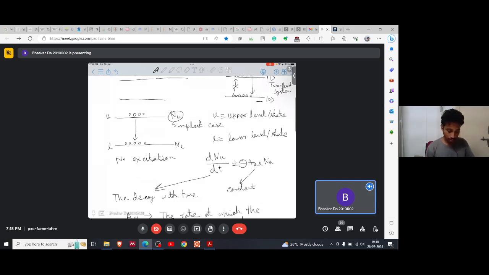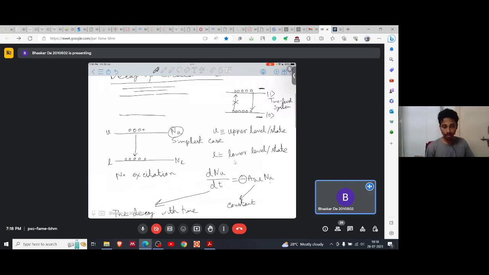Again I have shown the same thing here, but I have changed the tags for the energy levels. I have used L for the lower level and U for the upper level, because I am not saying that the lower level is the ground state. I am using a very generalized, simple two-level system, where the electron density is NL at the lower level and NU at the upper level.